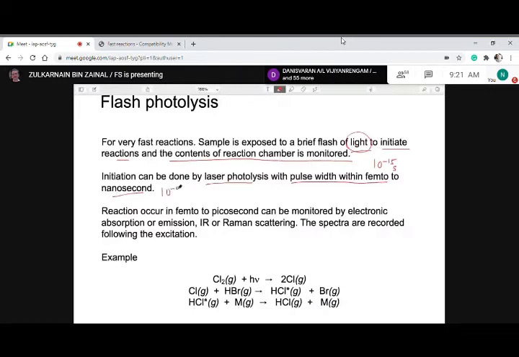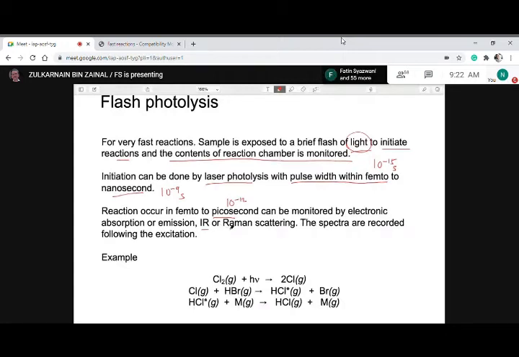So after giving the pulse, the reaction will start. The reaction occurs in femto to picosecond. What is picosecond? 10 to the minus 12 second, right? Okay, and it can be monitored by electronic absorption or emission, for example IR and Raman scattering.